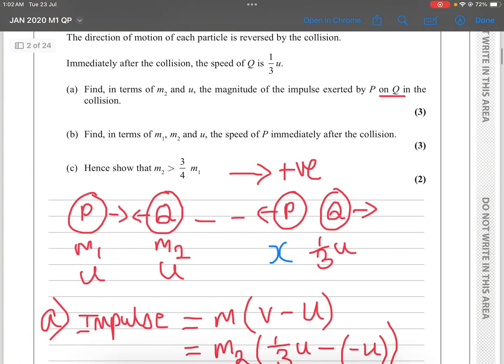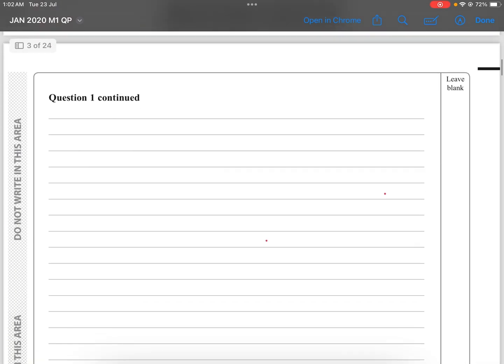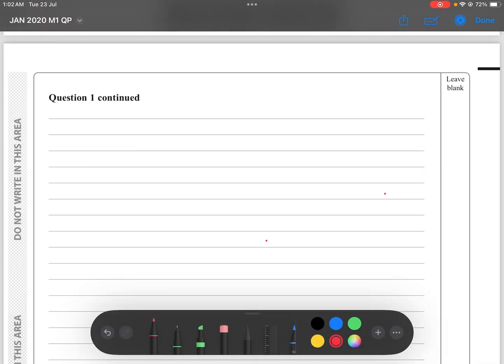Now part B says, find in terms of m1, m2 and u the speed of P immediately after the collision. So let's start part B. For momentum questions, there is a very common equation which all IGCSE students must have learned in physics: m1u1 plus m2u2 equals m1v1 plus m2v2.